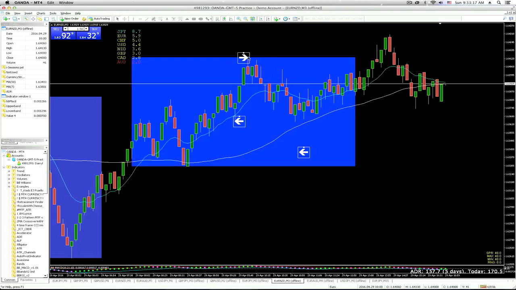This would be a 1, this would be a 2, and this would be a 3 because now we're changing directions. And you could have actually probably traded this one and made some pips on it, but it's above the 50, and I tend to stay away from sell trades when we're above the 50 and stay away from short trades when we're below the 50.